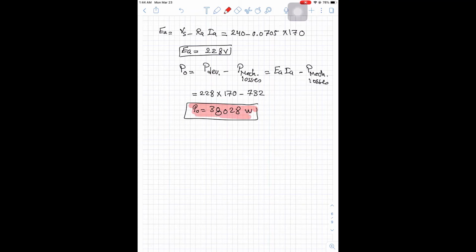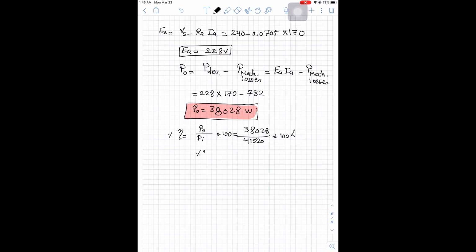So the output power is the net power, the shaft power, the load power. This is the developed power after subtracting the mechanical losses. Now we can calculate the efficiency as P out over P in, and to get a percentage, we multiply by 100%. So this equals 38028 divided by 41520 multiplied by 100%.